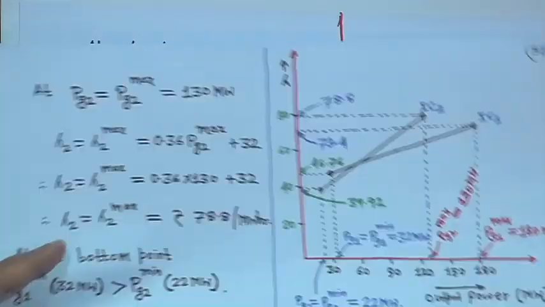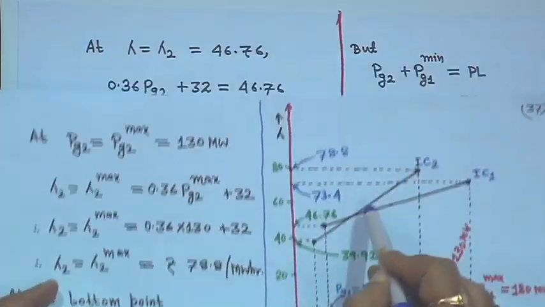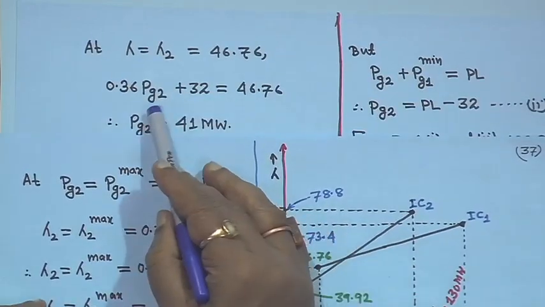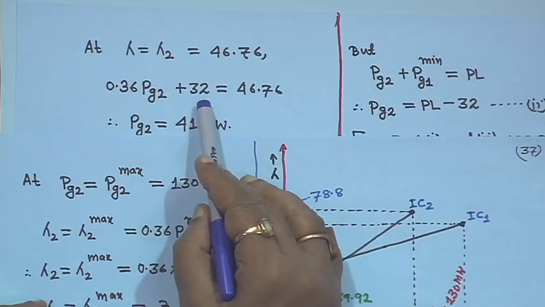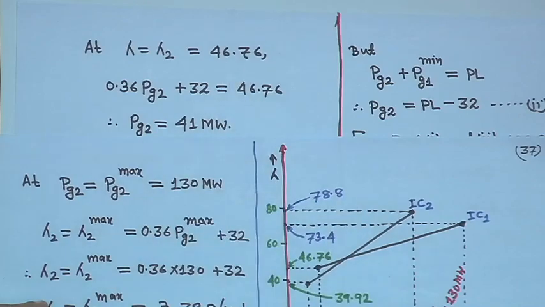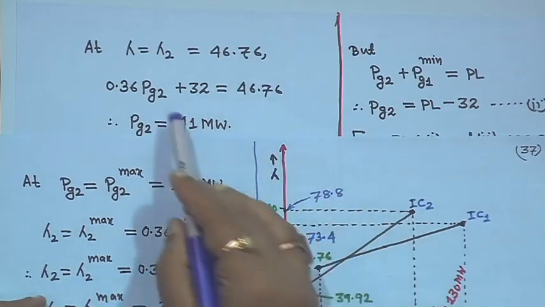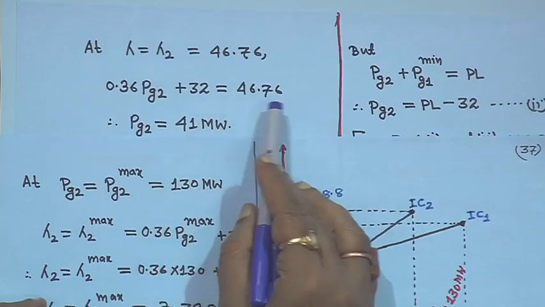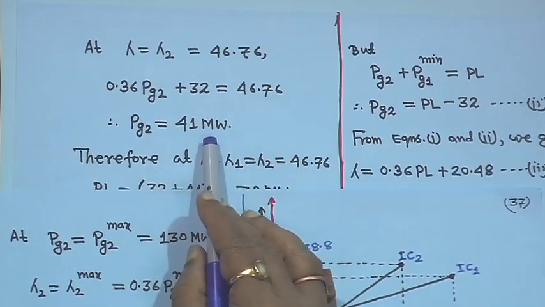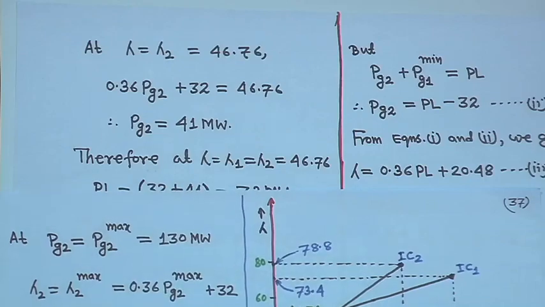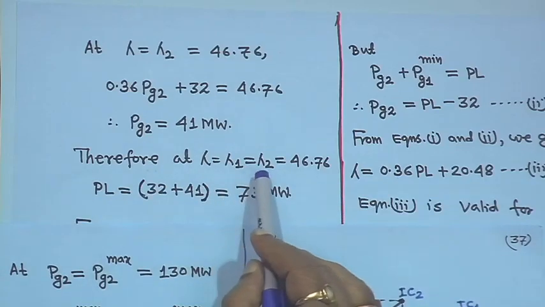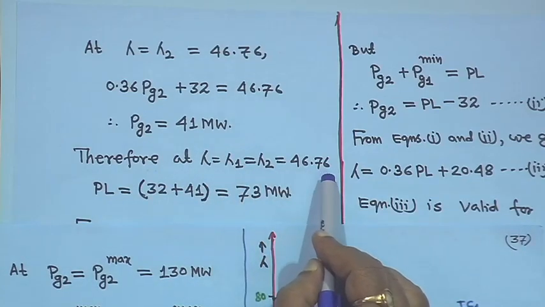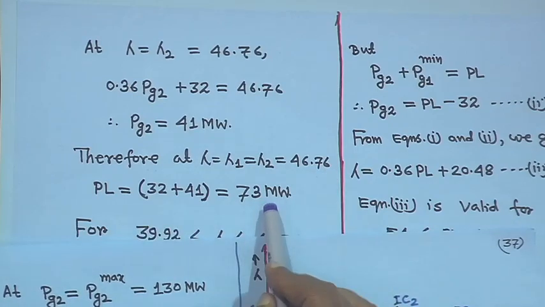That means, this characteristic IC2 is 0.36 PG2 plus 32, this is lambda. So, when lambda is equal to 46.76, 0.36 PG2 plus 32 is equal to 46.76, therefore PG2 will become 41 megawatt. That means at lambda 1 equal to lambda 2 equal to 46.76, PL will be 73 megawatt.